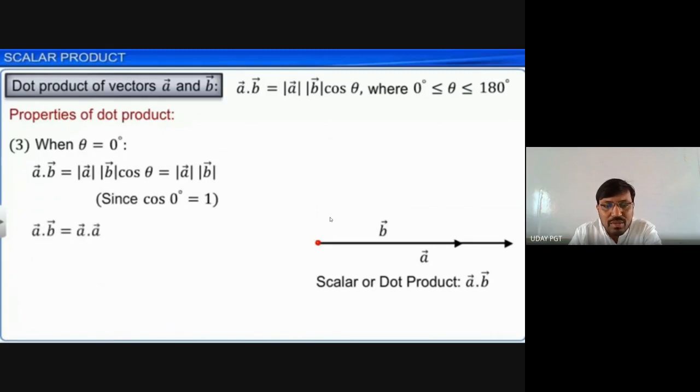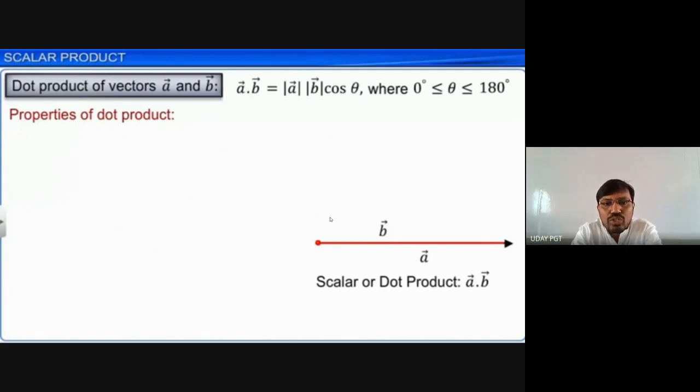That is, both have the same direction, or they may also be parallel, so a bar dot b bar represents coincident vectors. Both vectors are the same vector, so in that case a bar dot b bar equals the magnitude of a bar squared.